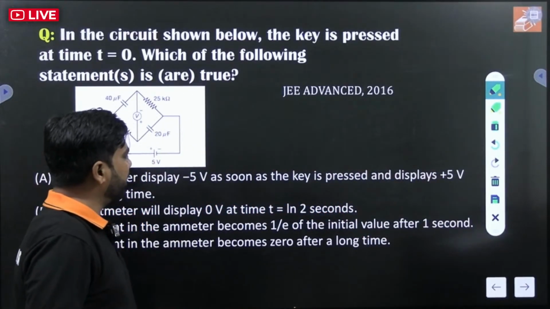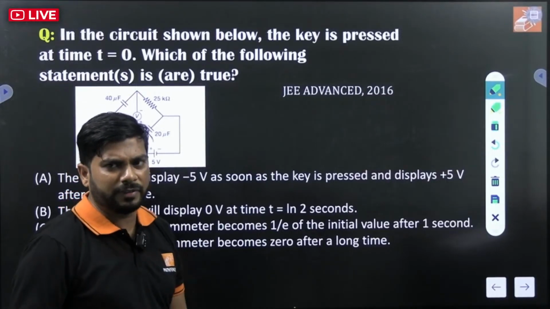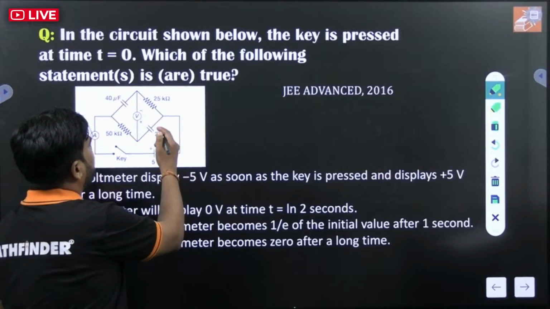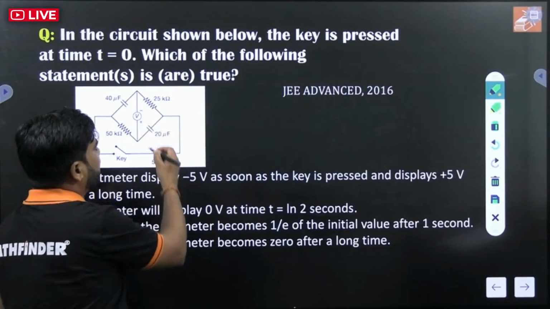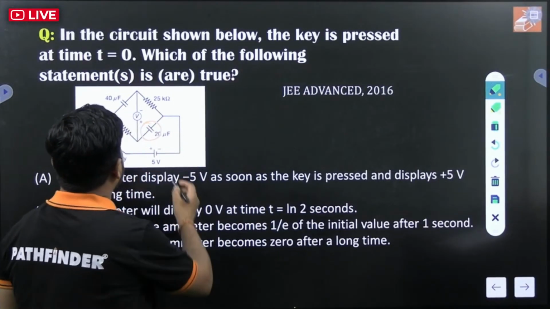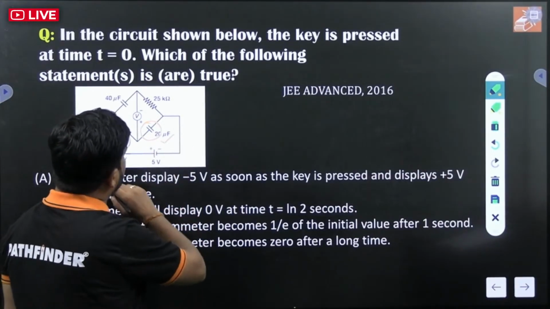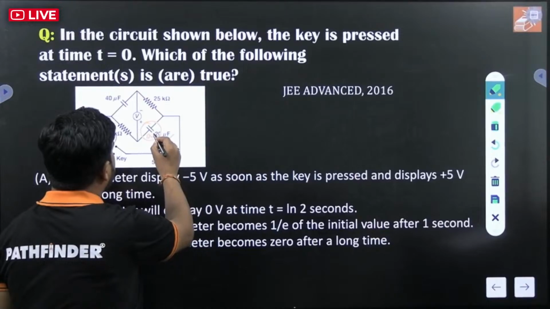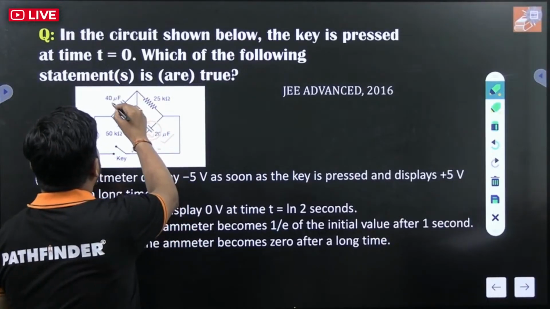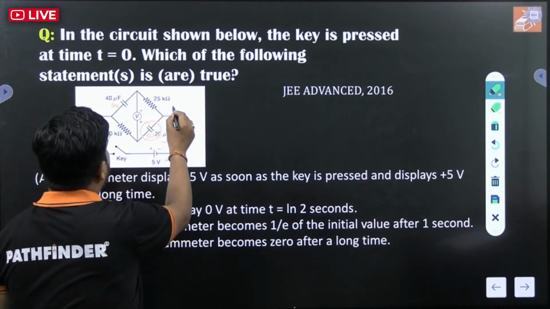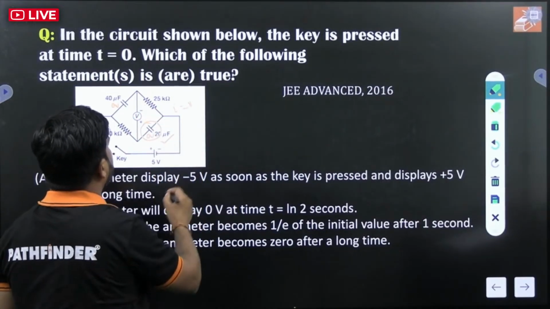The current in the ammeter becomes 0 after a long time. After a long time, what will happen? After a long time, this capacitor will start acting as an insulator. It will be fully charged. So both of them will start acting as an insulator. So there will be no current. I will be 0. There will be no current in the circuit.